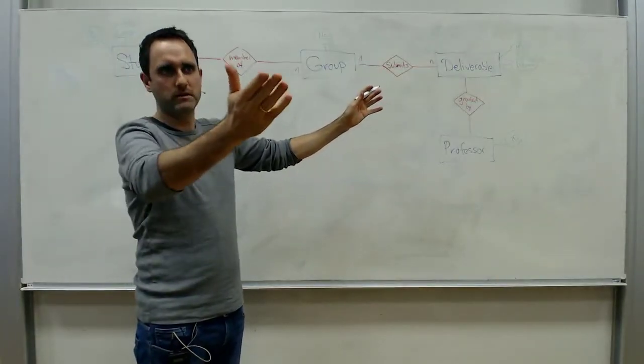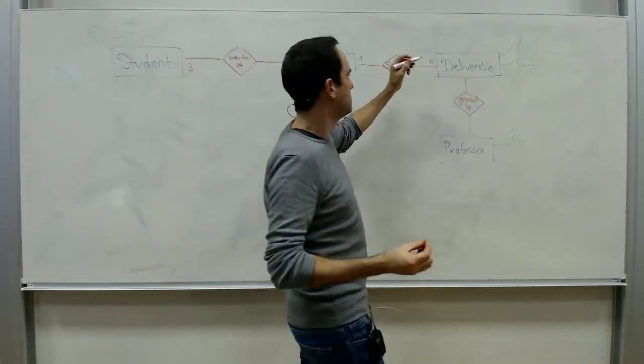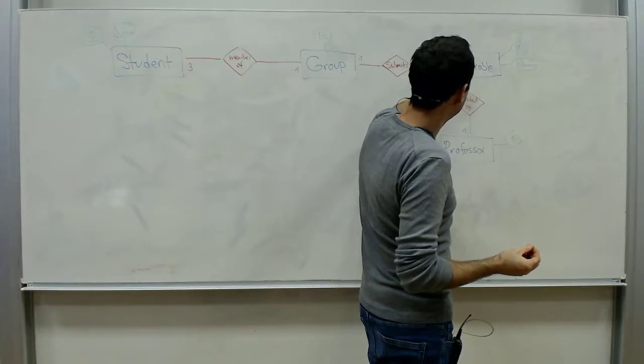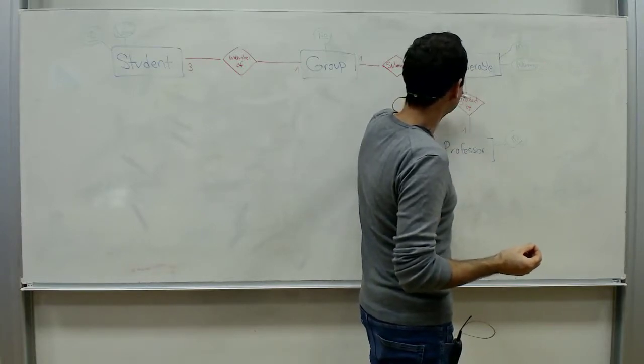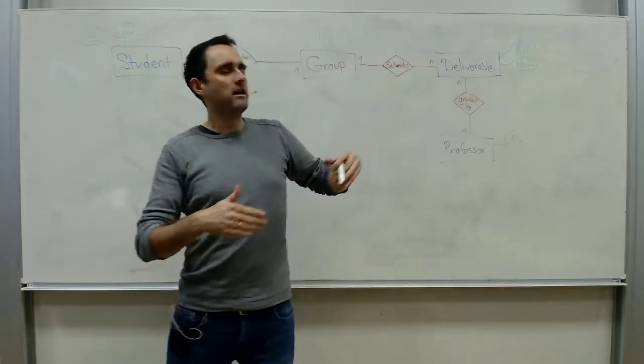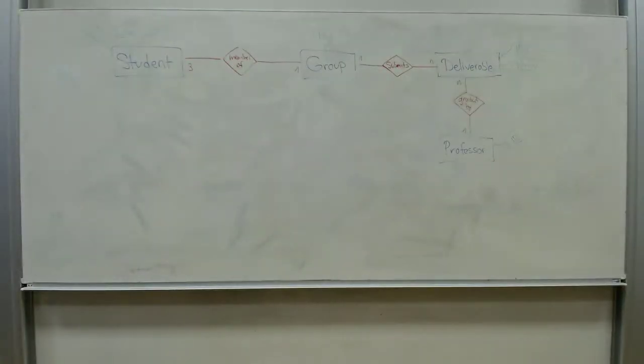Yeah, or maybe Clara? One professor graded n deliverables. Yeah, so one professor grades any number of deliverables, and any number of deliverables are only graded by one professor. Okay, yeah?